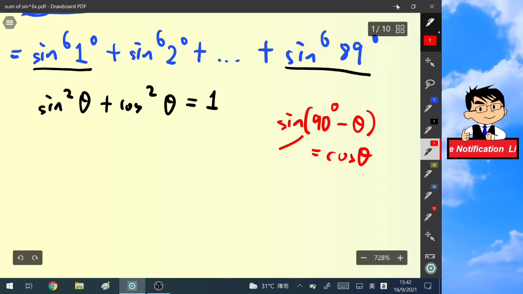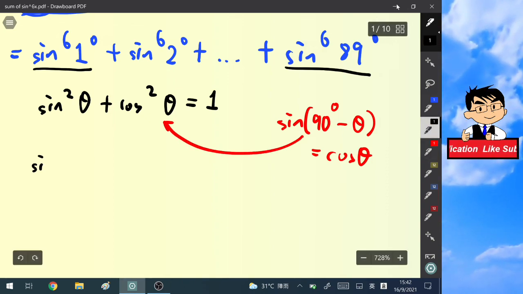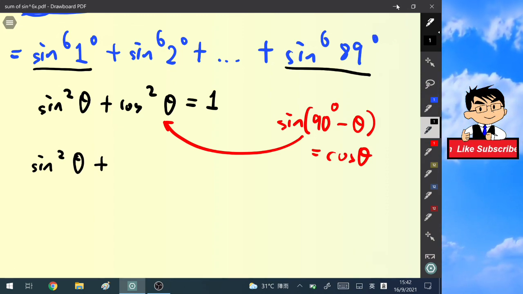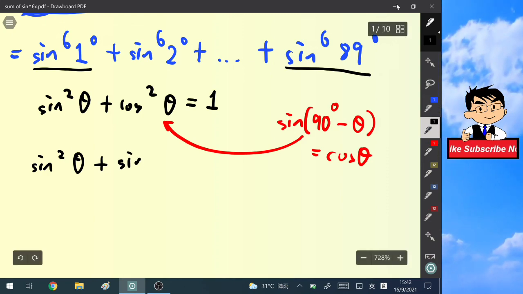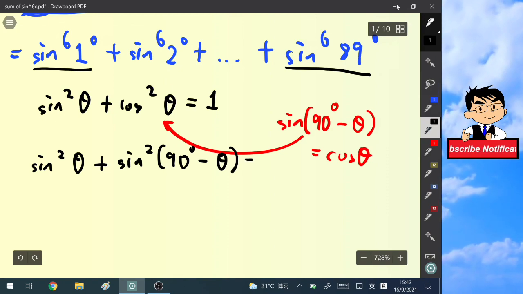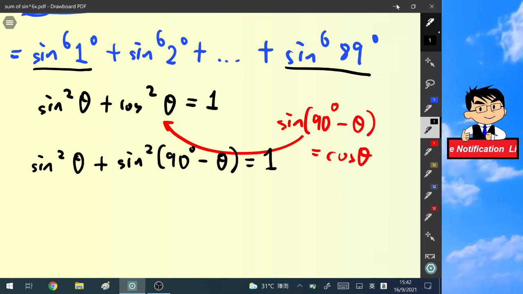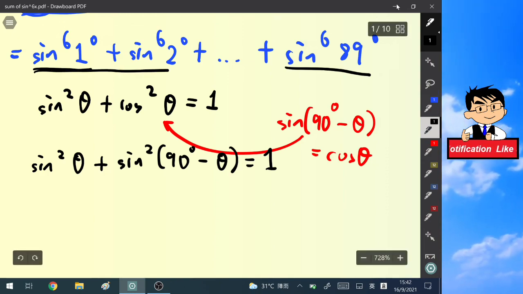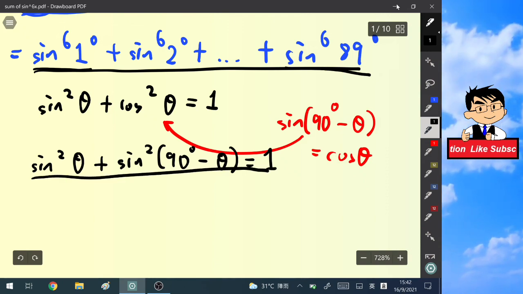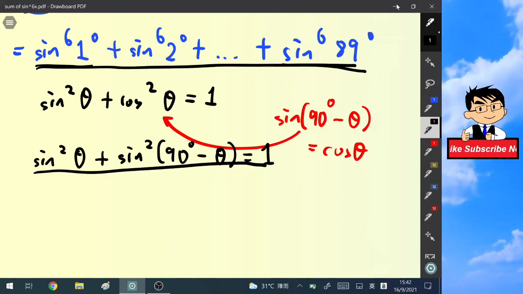So we can put it in the expression and write it with the sine ratio: sine square of (90 degrees minus theta) plus sine square theta is equal to 1. If we can express the summation in terms of the square version, we can simplify the expression a lot.